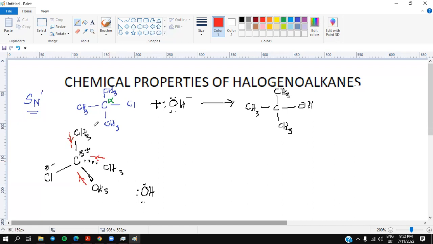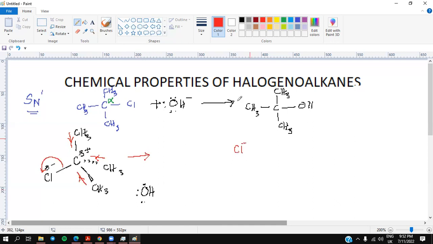Now what happens? Because these 3 alkyl groups donate electrons, the positive charge on the carbon atom decreases, and then this chlorine atom takes the electrons away from the carbon and goes out. So Cl minus goes out, but OH never came in.